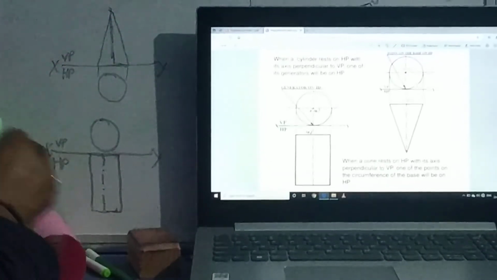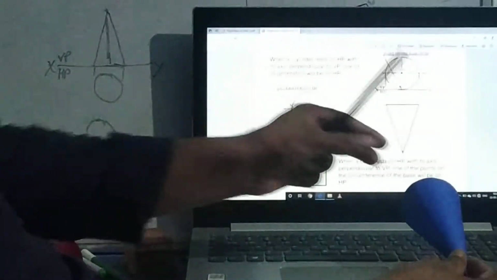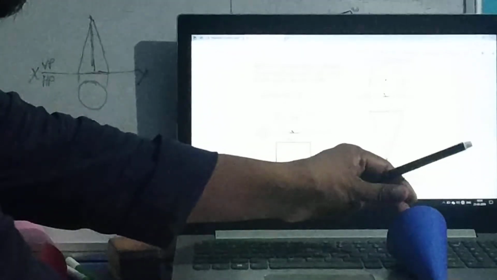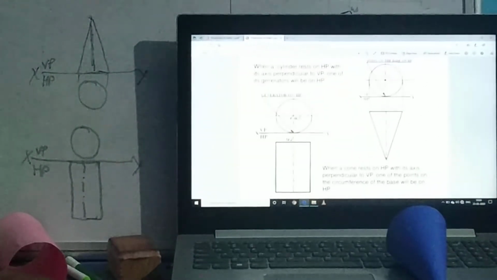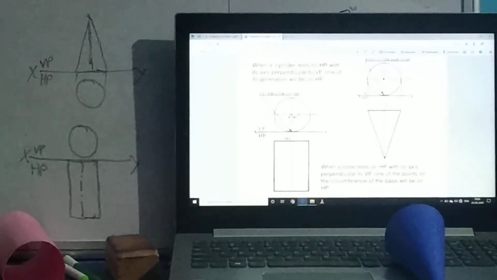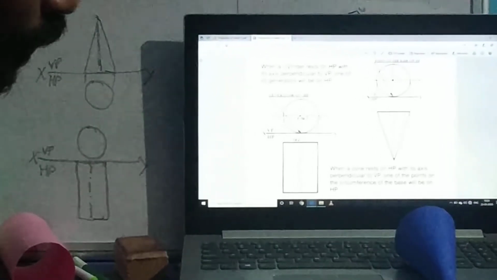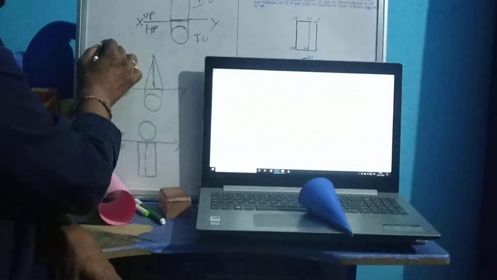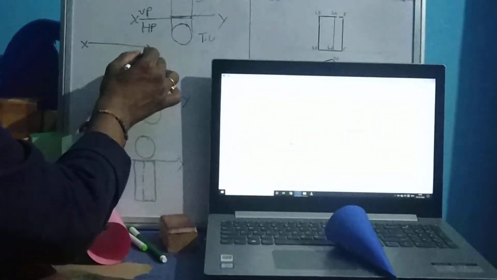If a cone is placed like this, in this case when we view from the front we will get this circle on the VP plane, and when we see this object from the top we will get this triangular shape on the HP plane. For this case we can draw the XY line.